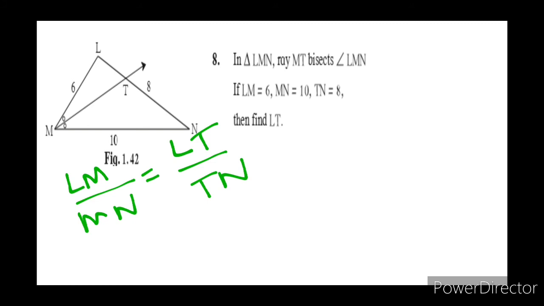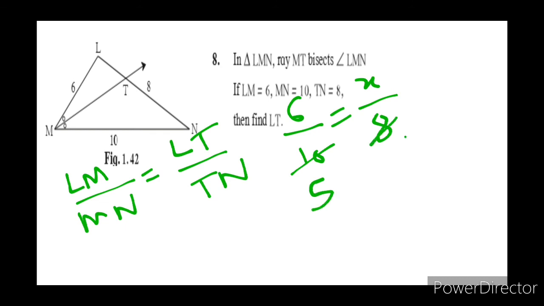Put the values, that is 6 by 10 equal to x by 8. So 5, 2 fives are 10, 2 fours are 8. So 24 divided by 5 equal to x. So x is nothing but my LT.